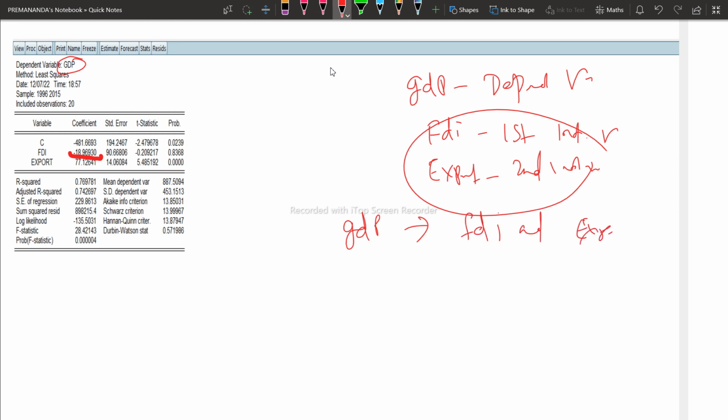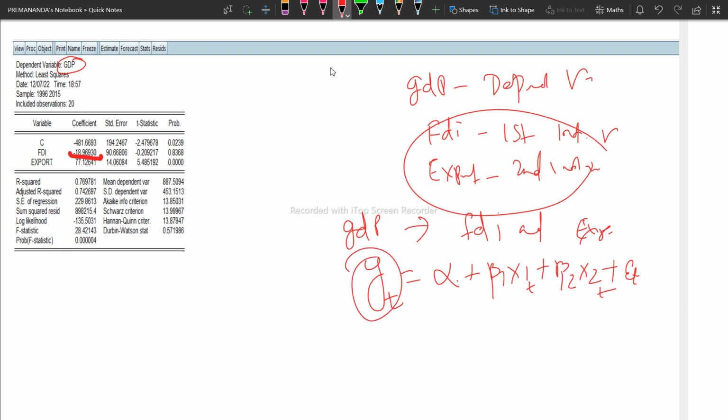Okay, so I can write here that y is equal to alpha plus beta 1 x1 plus beta 2 x2 plus error term. Okay, so as I'm dealing with a time series problem, I can write t here. So here my y is my dependent variable, that is GDP.